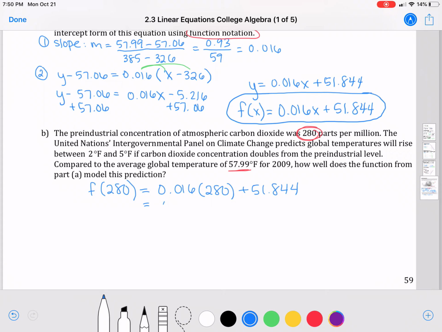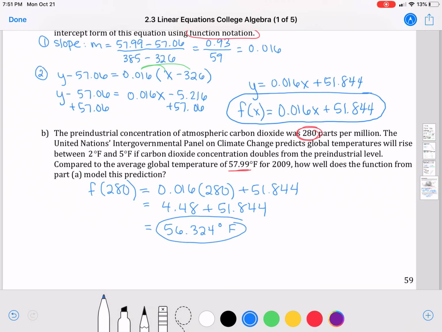If we multiply that, we get 4.48 plus the 51.844. So that gives us a temperature of 56.324 degrees Fahrenheit.